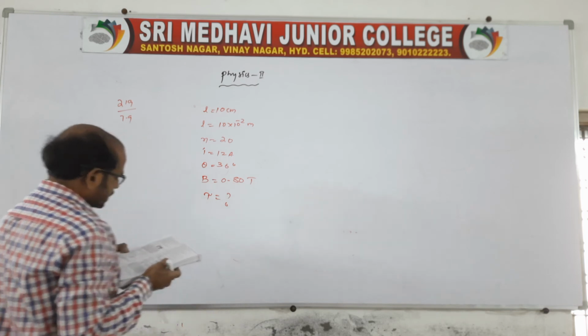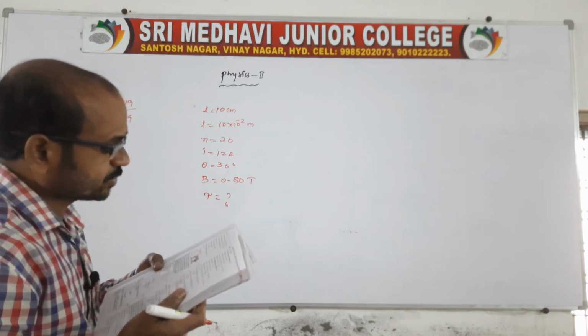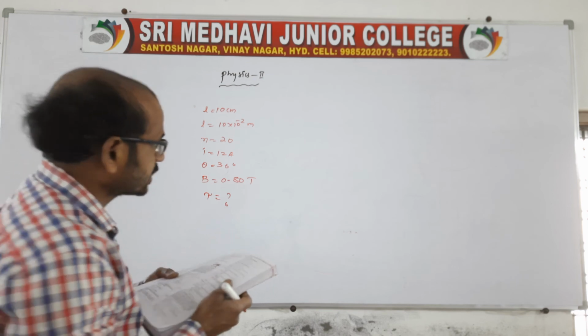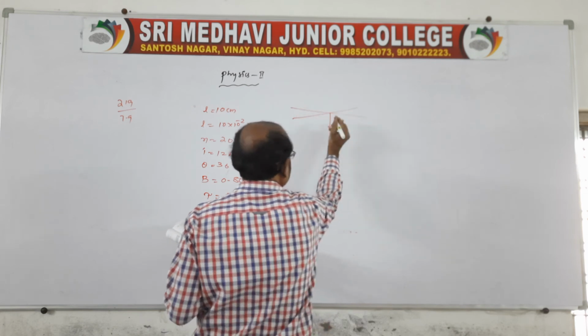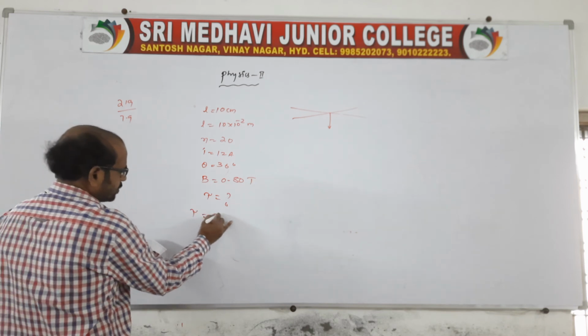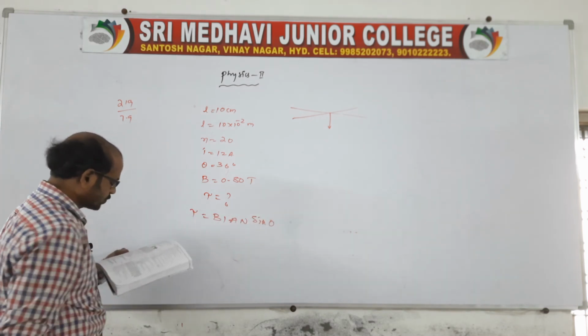See, the direction of a uniform horizontal magnetic field is given, and the normal to the plane of the coil is making an angle like this. So torque is equal to BIAN sin theta here, not cos theta.